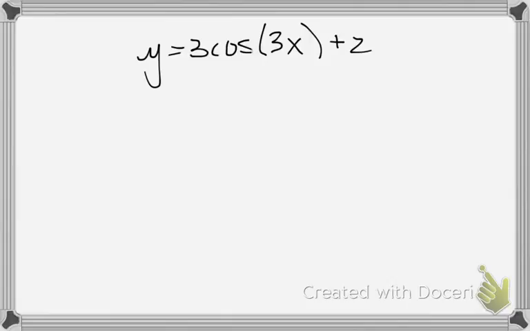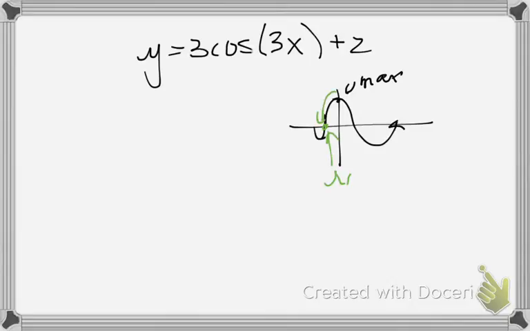Now, to get from cosine to sine, we need to understand how the cosine and sine functions work and how they're related. So if I have a cosine function, let's say this function here, here's my max. My rising midline, which is what we look for with sine, always occurs to the left of that. Here's our rising mountain.